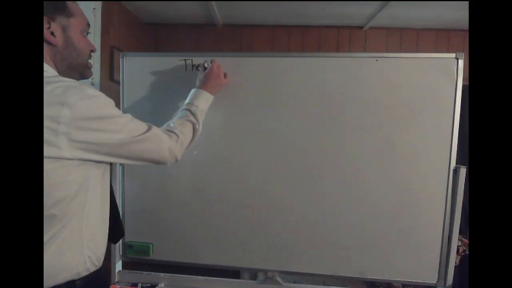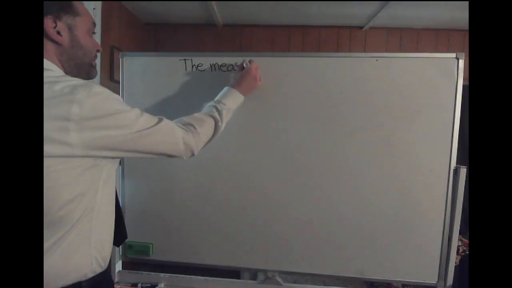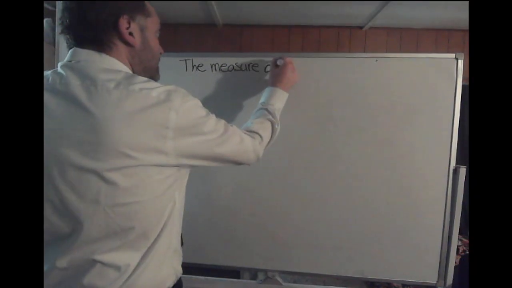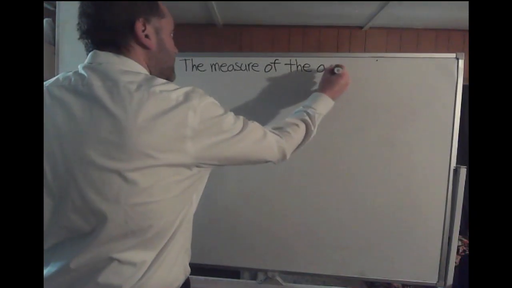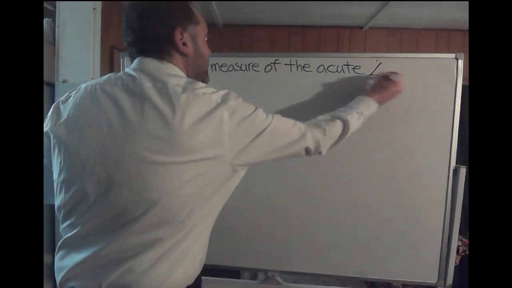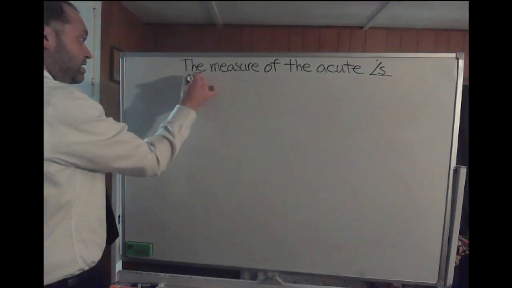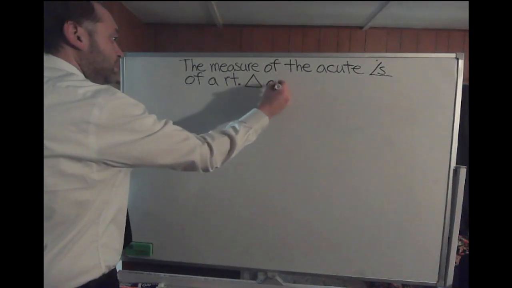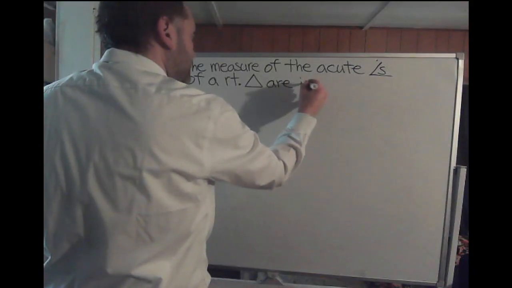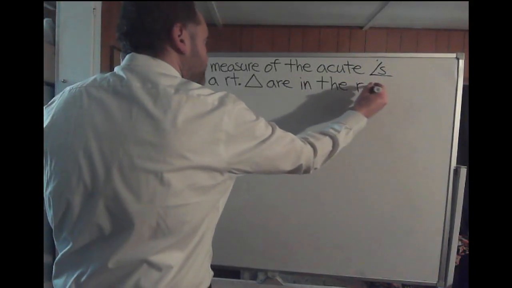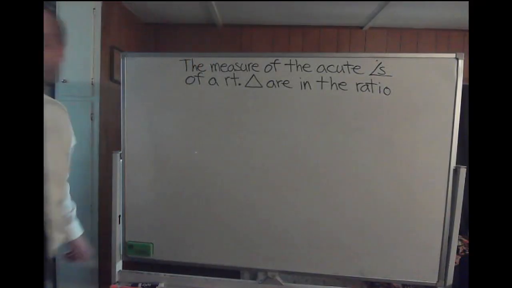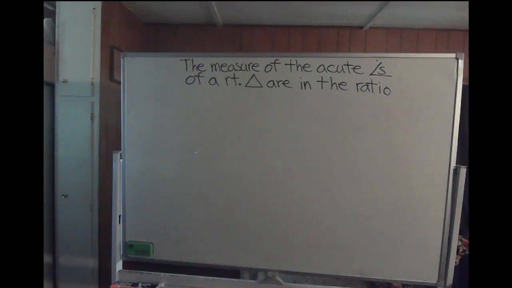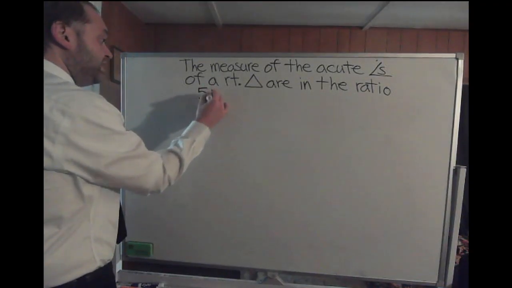The measure of the acute angles of a right triangle are in the ratio of 5 to 7.